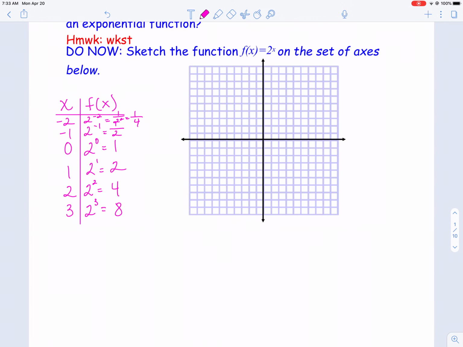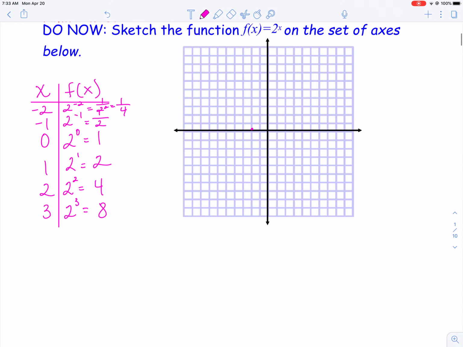So if I graph those, -2 goes to 1/4, -1 is going to be 1/2. 0 would be 1. 1 goes to 2. 2 goes to 4. And 3 goes to 8.